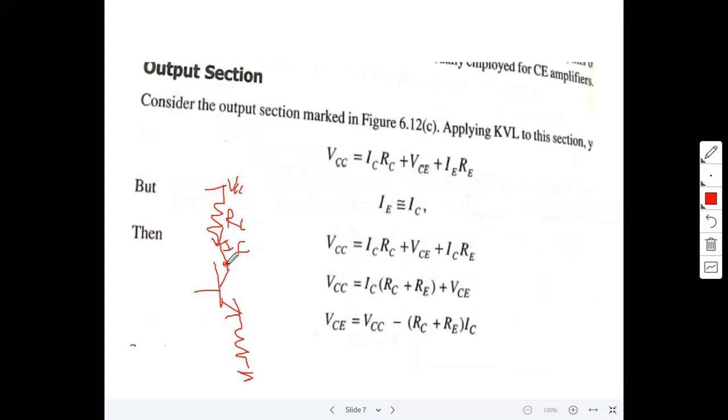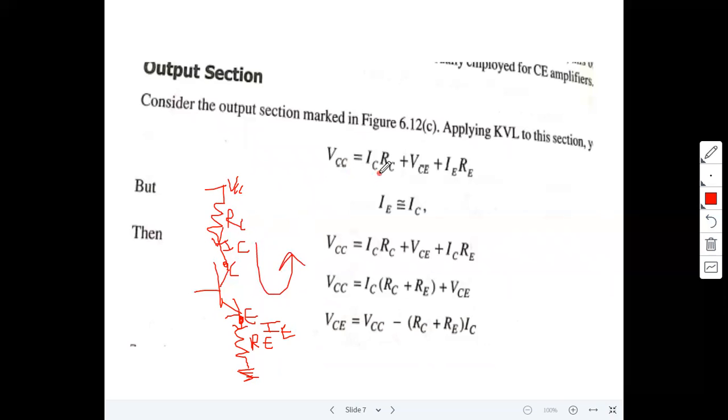Whenever we apply KVL to the output loop, consider the junction voltage collector to emitter VCE, and this is RE. Now this one is ground. So what is the current flowing through RE? That is the IE current. IE is equal to IB plus IC. Now apply KVL to this loop.